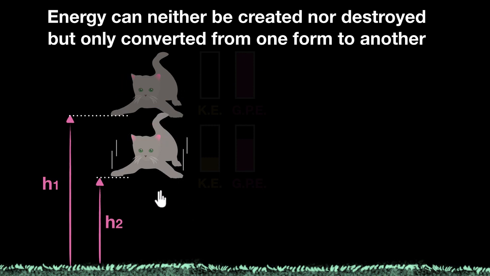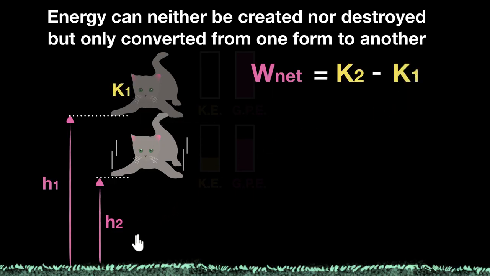Well, we can use the work energy theorem to bring energy into the picture. The work energy theorem says that the total work done by all the forces on an object, that's the net work done, should equal the change in its kinetic energy. So K1 would represent the initial kinetic energy and K2 would represent the final kinetic energy.